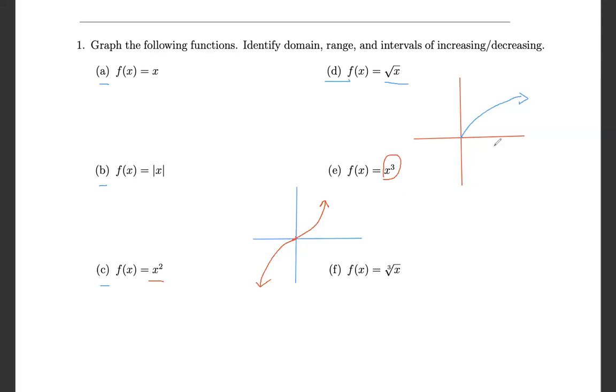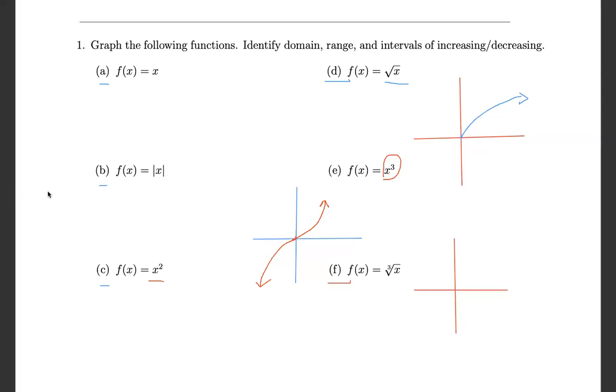The cube root of x looks like the square root of x, but the domain of f is different from the domain of D. The domain of D is that x has to be non-negative, which means x has to be greater than or equal to 0. But for f, x can be all real numbers. The shape looks like the square root of x.